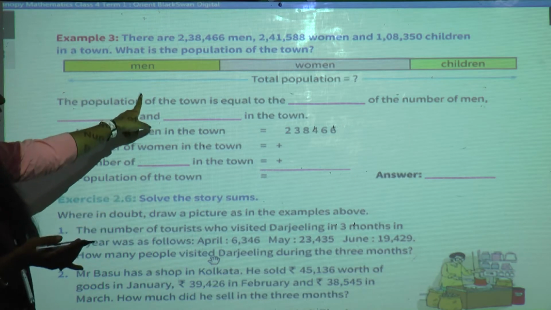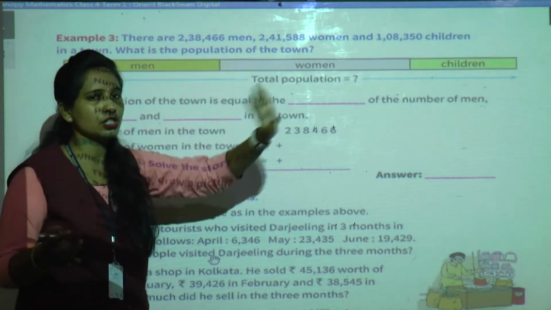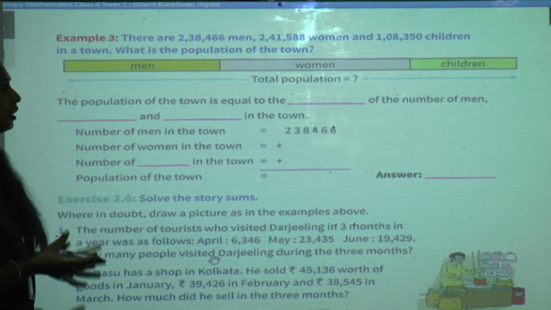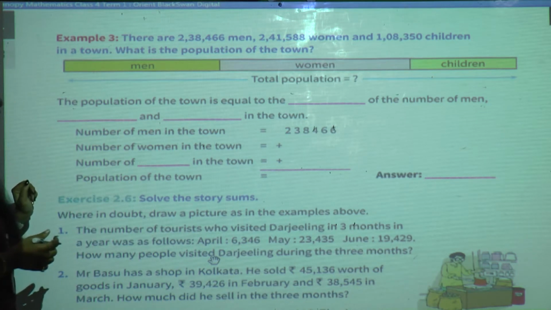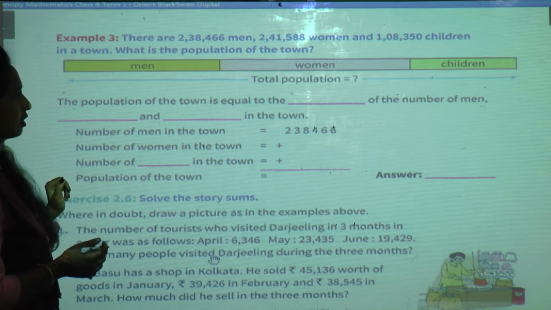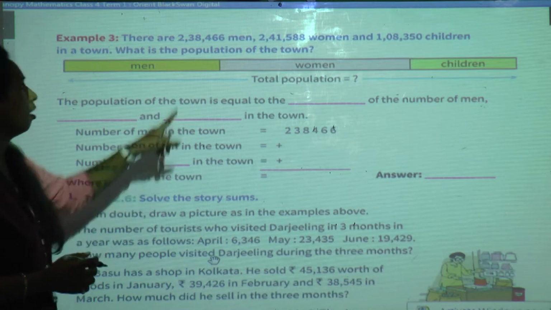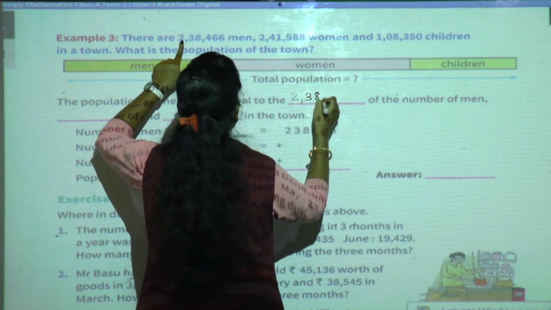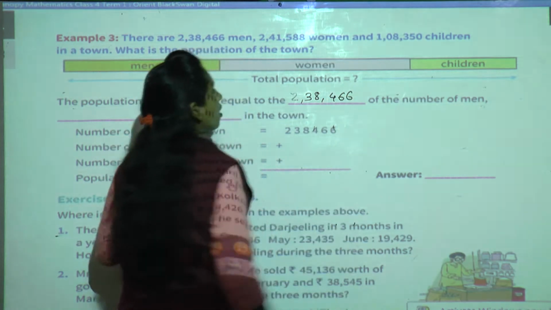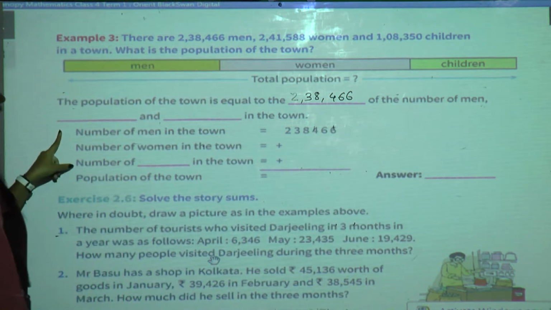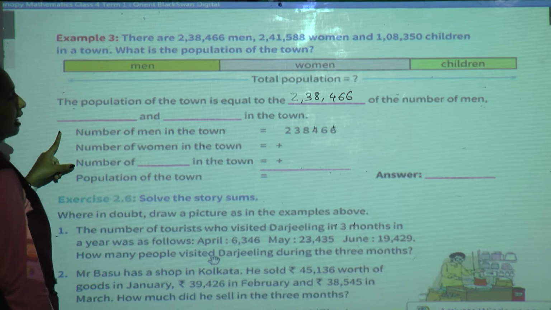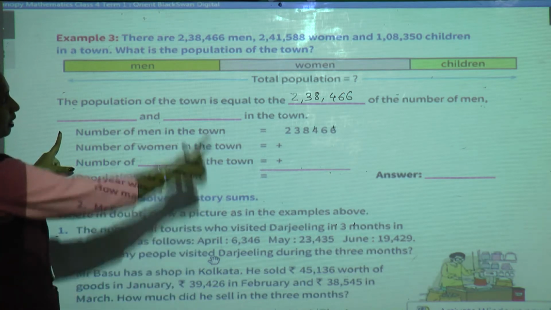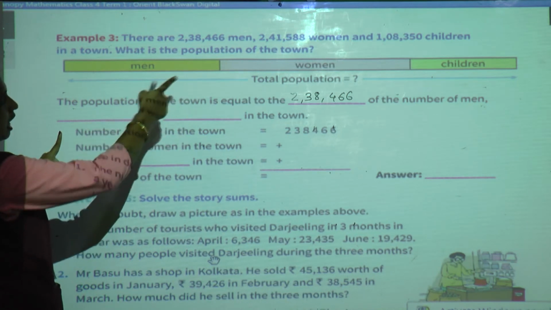They have given men, women and children, so we have to add the three together. So the population of the town is equal to the number of men, 2,38,466, and the number of women and children in the town.